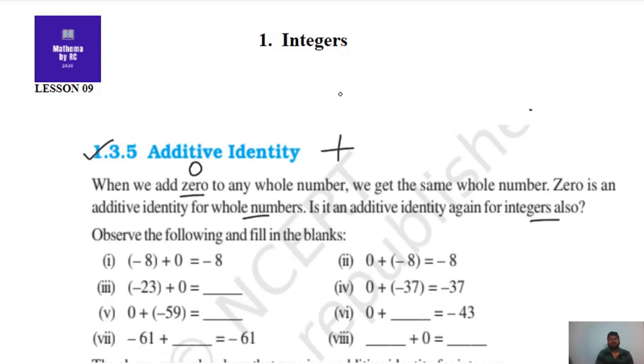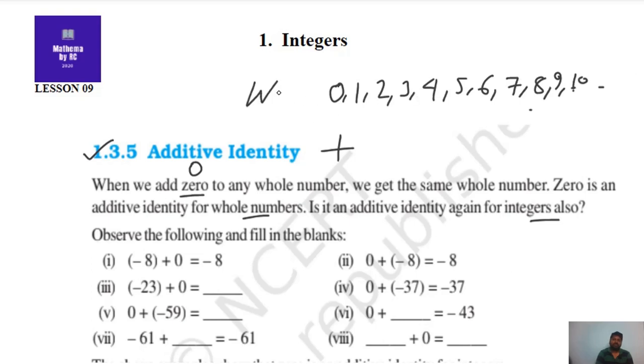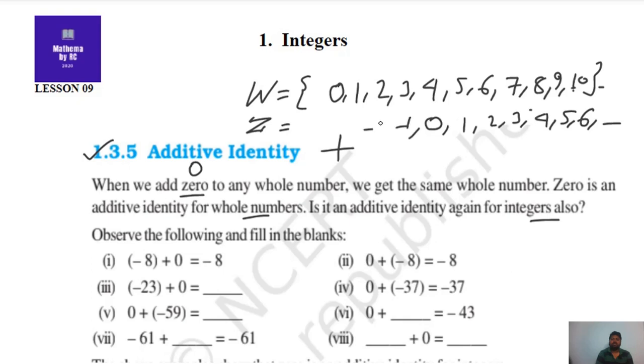We know that the whole numbers start from 0, 1, 2, 3, 4, 5, 6, 7, 8, 9, 10 and so on, and the whole number set is denoted by W. And the integers, denoted by Z, are represented with 0; on the right hand side there are positive numbers, and on the left hand side there are negative numbers, and so on.